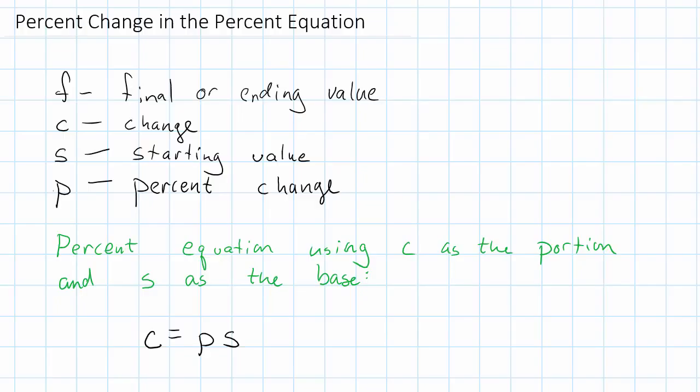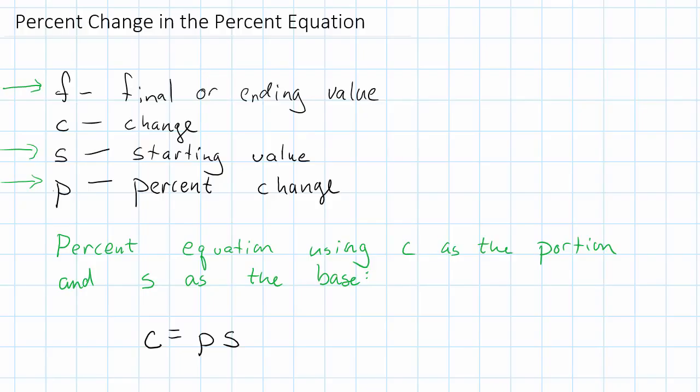Typically, however, the variables that we're really going to be interested in are the final value, the starting value, and the percent change. Typically, the change is just something that we're going to stop off at on the way.